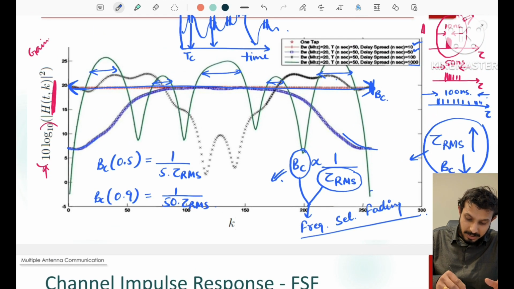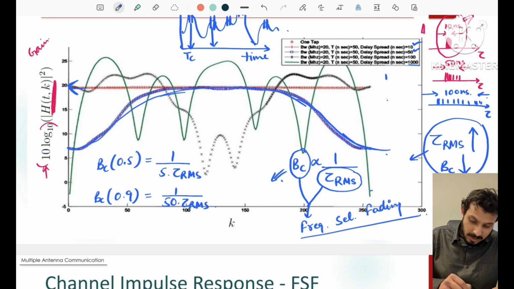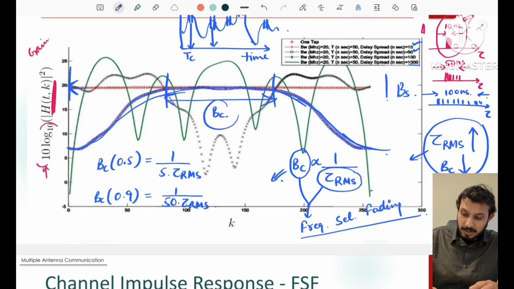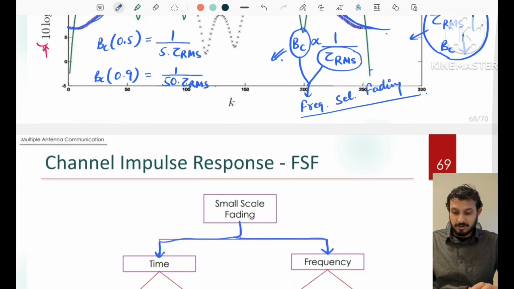You can imagine this case, this blue line, when the RMS delay spread is 50 nanoseconds. If this is the system bandwidth BS, then the coherence bandwidth has now been reduced. So this is the scenario for frequency selective fading.